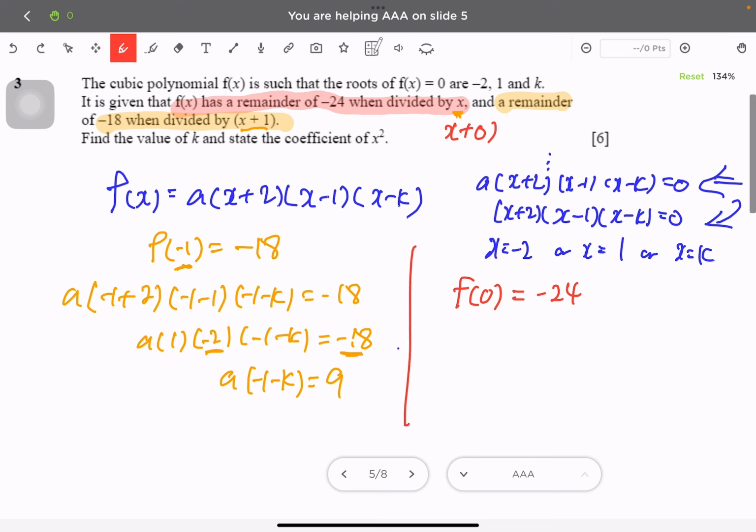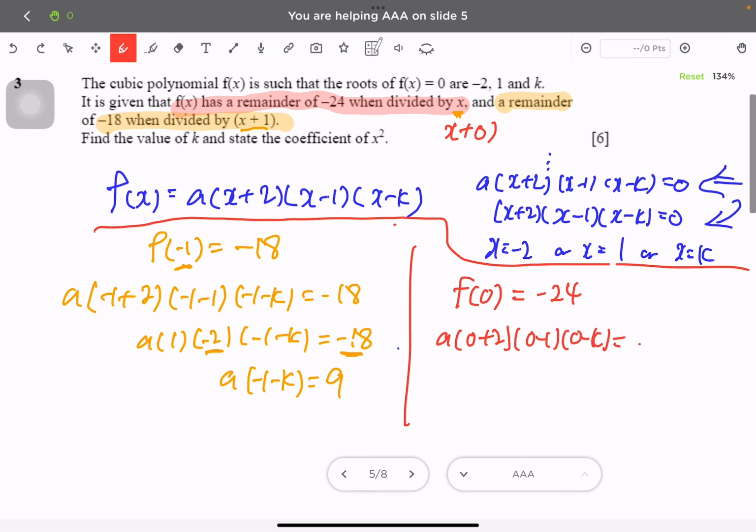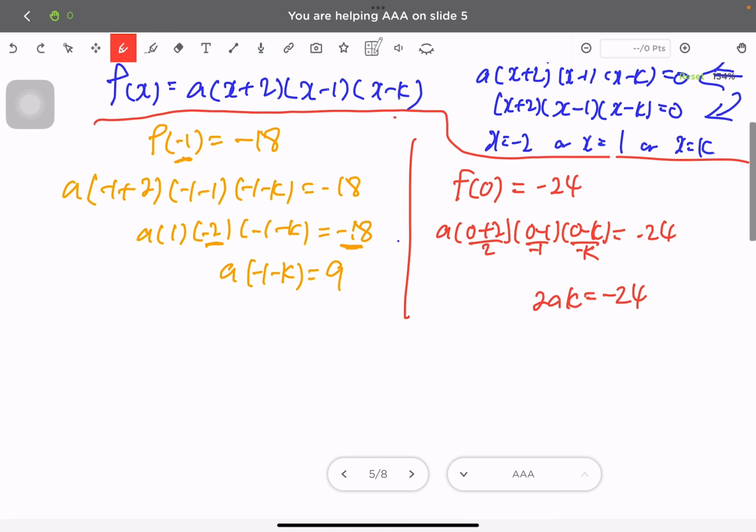So let me separate out first. When I sub in 0 for the polynomial, a times (0 plus 2)(0 minus 1)(0 minus k) equals negative 24. As I open up, this will only be left with 2, minus 1, and minus k. Multiplying together, it will be 2ak equals negative 24. Dividing both sides by 2, ak equals negative 12. So a equals negative 12 over k.